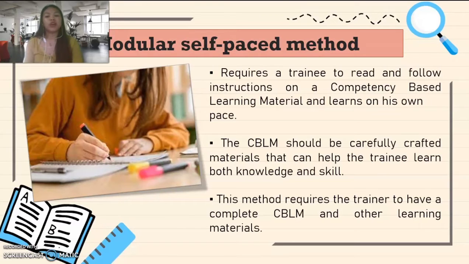We will just give them modules and information sheets, and as a trainer, we will instruct them on what they are going to do. We will give them a certain time, then collect it, check their outputs, and then they can proceed to another module. If they are done with the first module, then they can proceed to the next one.